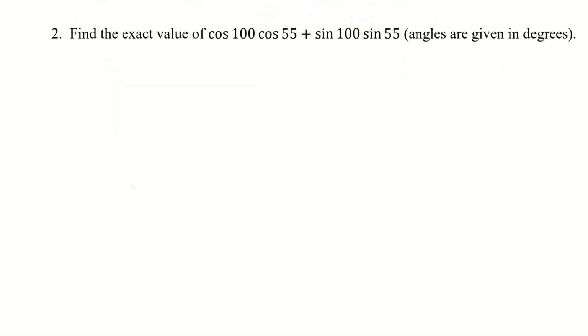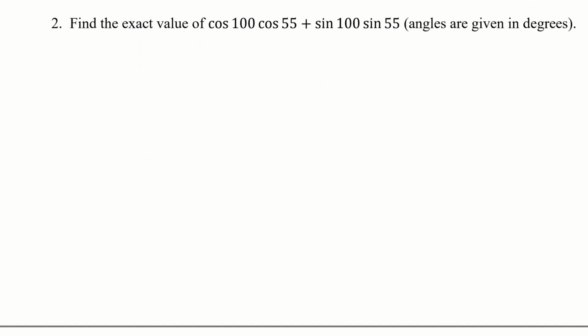This one, a little bit differently, is asking us to work backwards. These are degree angles here. What we want to do is figure out what this is. Well, this matches the cosine formula since it's cosine, cosine, and then sine, sine. So this is a cosine formula using the angles of 155.